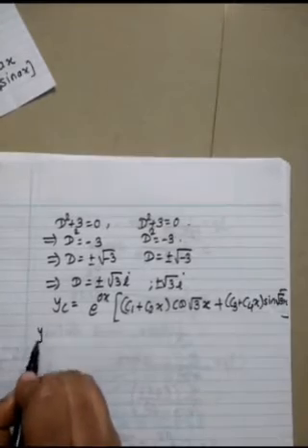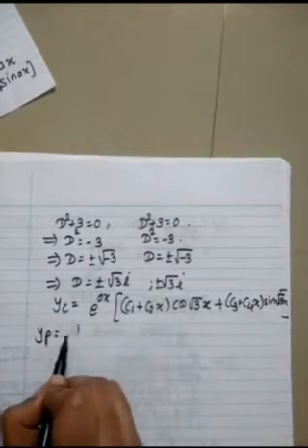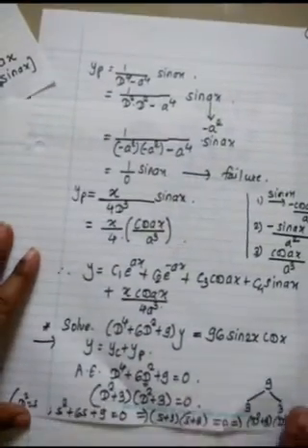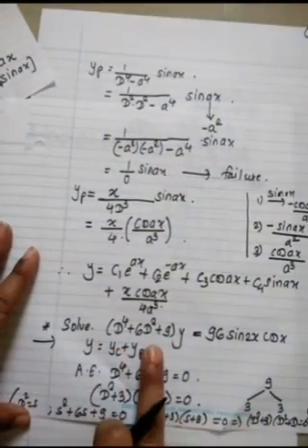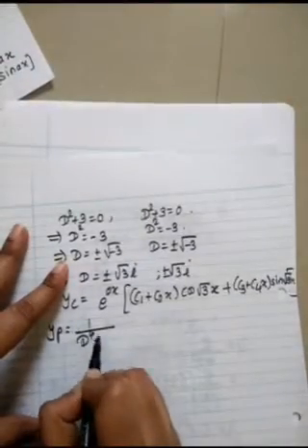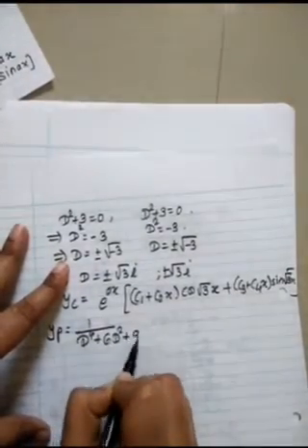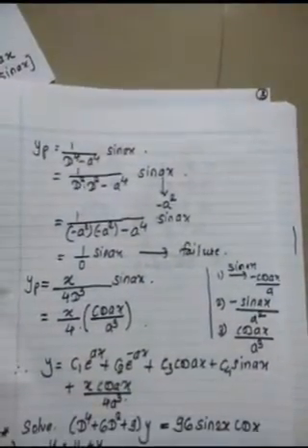Good. Then we go to yp. yp is defined as 1 upon, what is our question? d raised to 4 plus 6d square plus 9 into 96 sin 2x cos x.